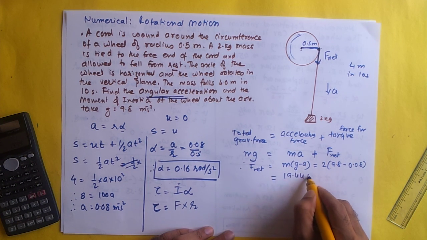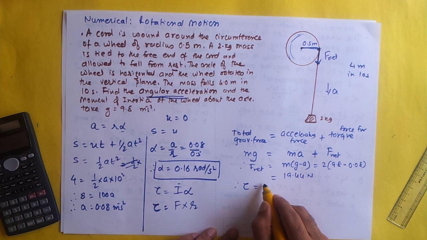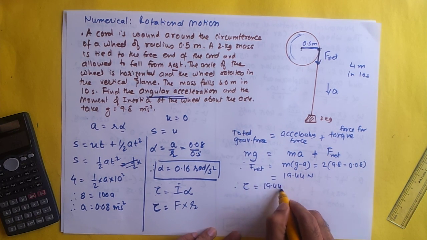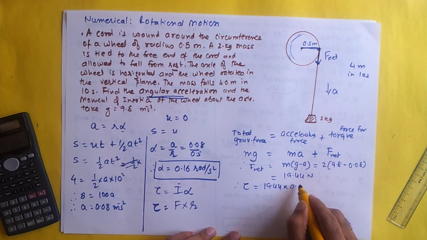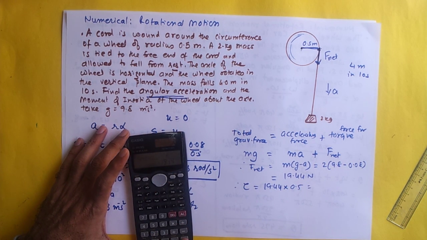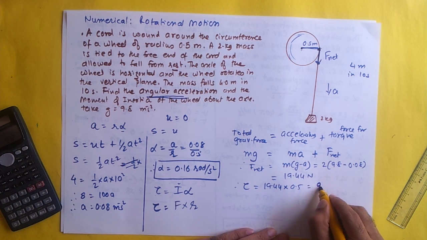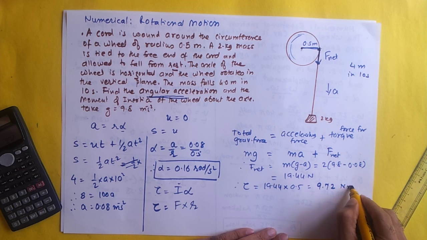And then I can have torque is equal to F into R. So 19.44 into R, which is 0.5. Multiplying by 0.5 is like dividing by 2. So I divide by 2, and the torque that I will obtain will be 9.72 Newton meter.